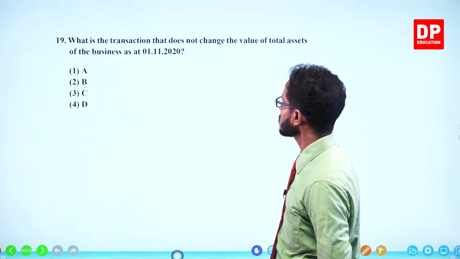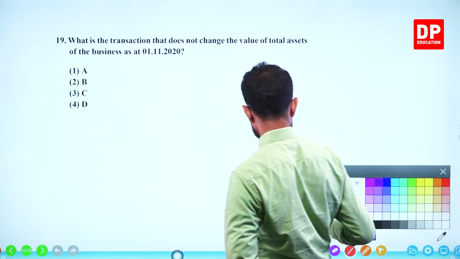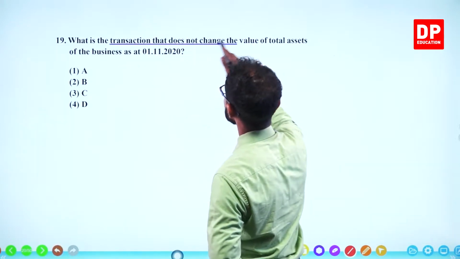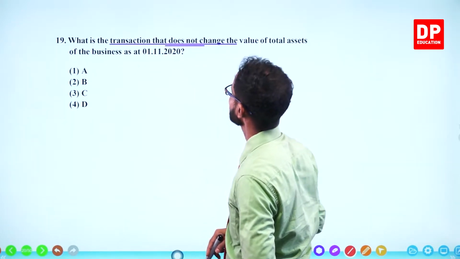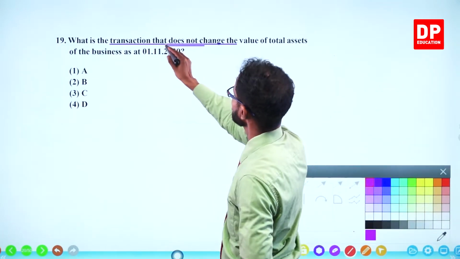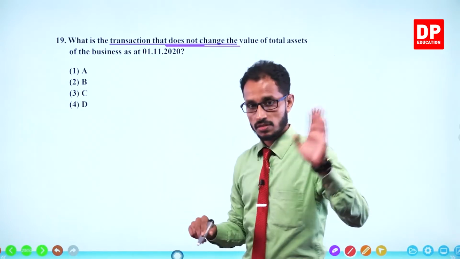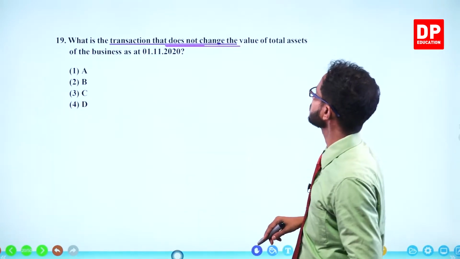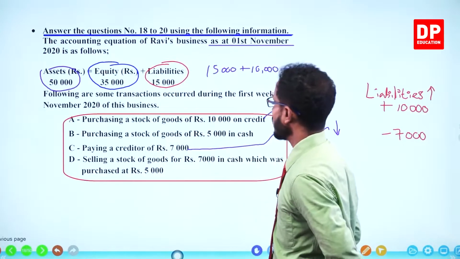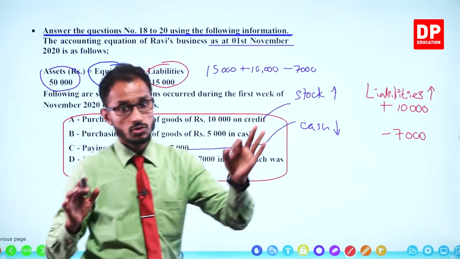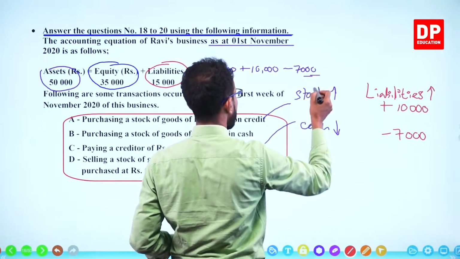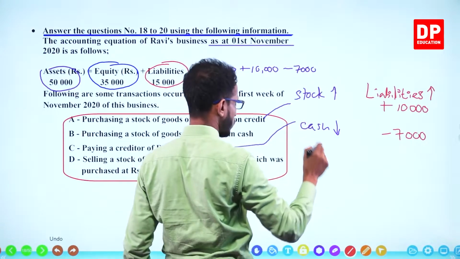The transaction that does not affect the assets. Let's go and see. Already, children, we have marked 2 transactions on the board. This also affects the first one we have marked.